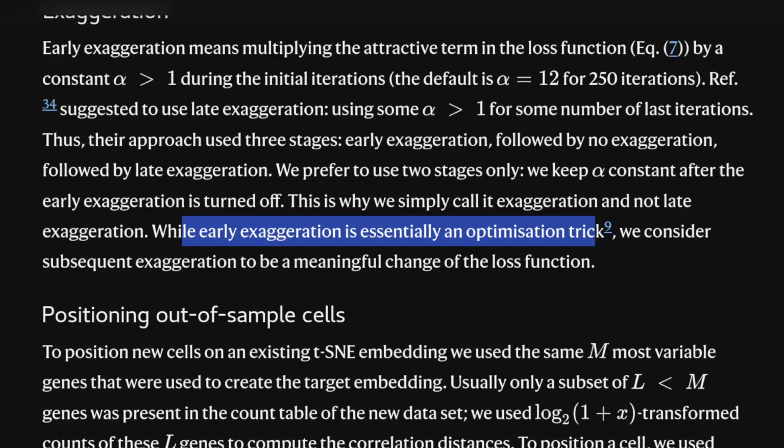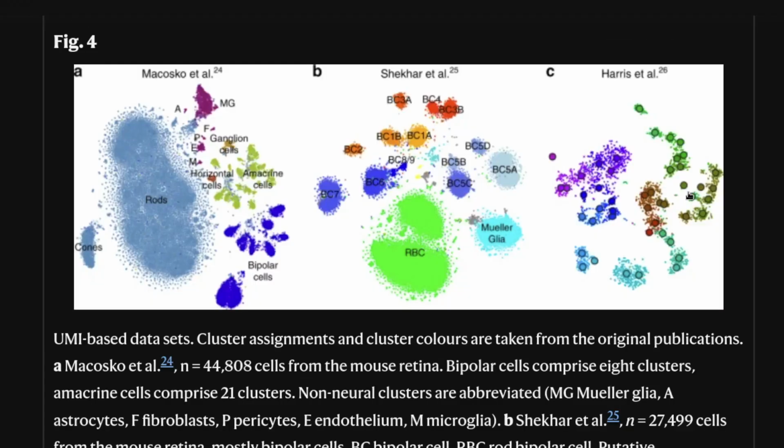Lee, J. A. and Verleysen, M. Quality Assessment of Dimensionality Reduction: Rank-Based Criteria. Neurocomputing 72, 1431-1443, 2009. Wolf, F. A., Angerer, P. and Theis, F. J. SCANPY: Large-Scale Single-Cell Gene Expression Data Analysis. Genome Biol 19, 15, 2018.